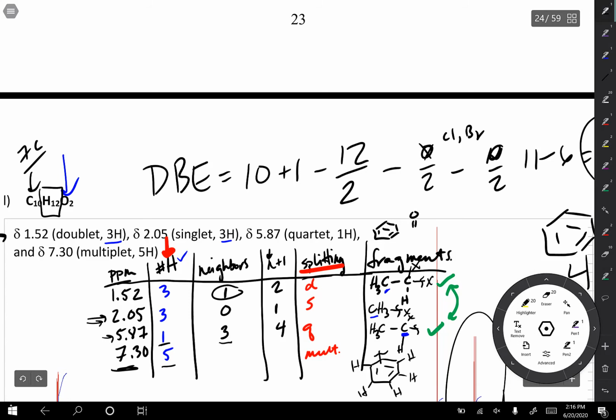Well, we're missing our carbonyl, which makes sense because it doesn't have any hydrogens attached to it. We have now identified the fragments that we have. There's one thing we are missing though, and it is this extra oxygen here. Okay, so we have carbonyl. We also have an oxygen somewhere.